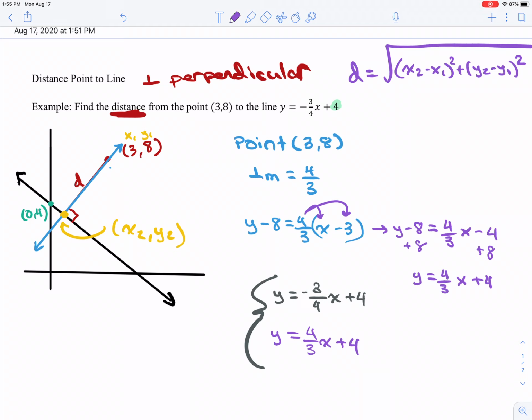my recommendation would be to do substitution. So you could sub in for y. However, there is a hack for this particular one. It's just a fortunate coincidence that if you look carefully, these are both in slope-intercept form, and they have the same y-intercept.